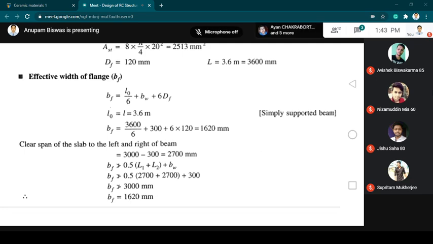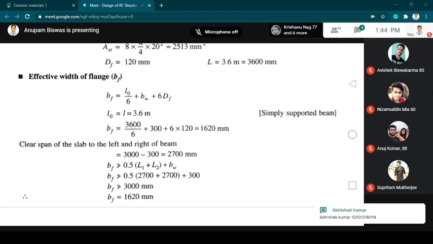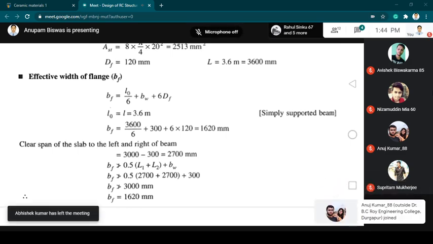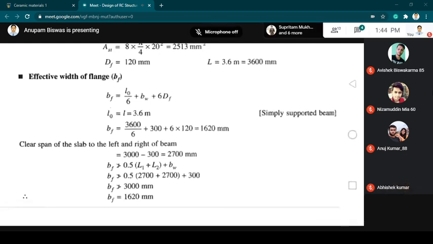The distance is 3 meter, and we know the width of each beam is 300 mm. So 3 meter minus 300 by 2 from both sides, that is 150 mm plus 150 mm. So here we get 2700 as the value of L1 and L2.